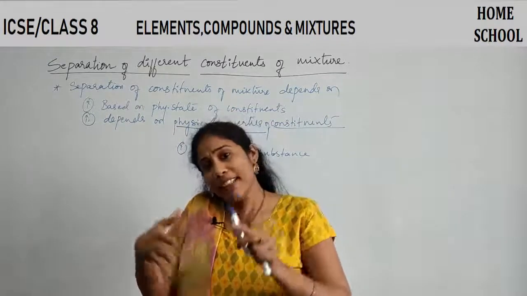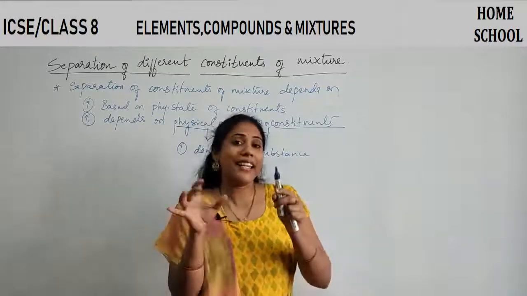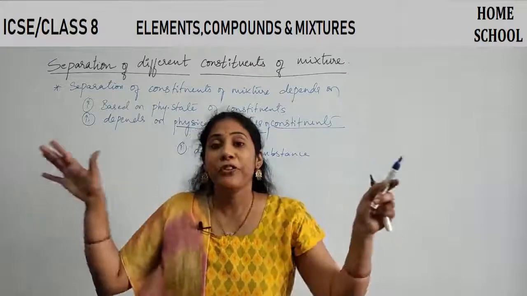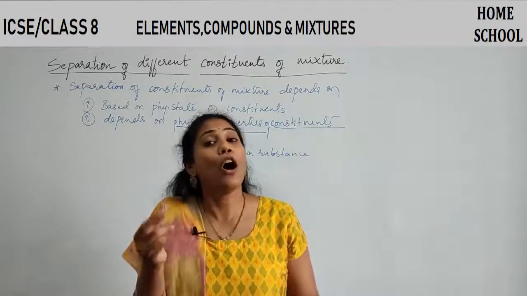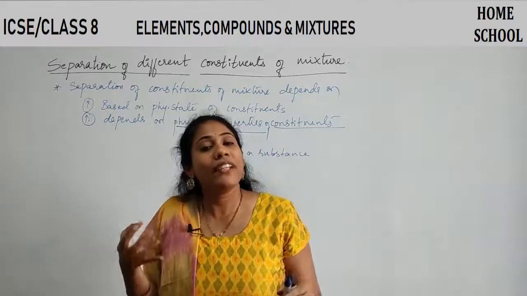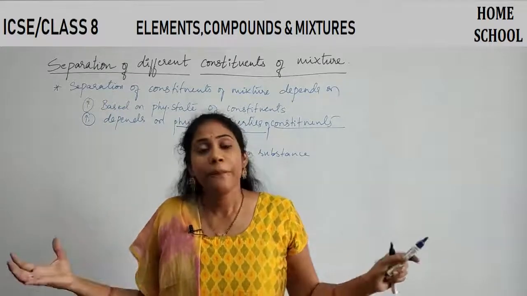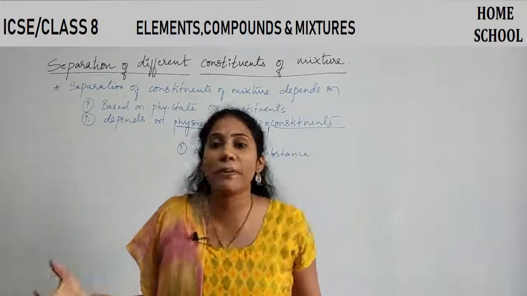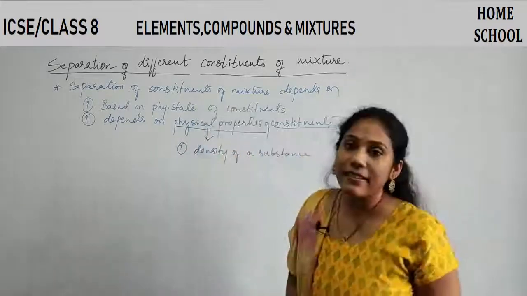Then based on the density variation, you can select a method that can separate the constituent particles of a mixture easily. Isn't it? So the one physical property we always consider to think of the separation of the components of a mixture is density, right?